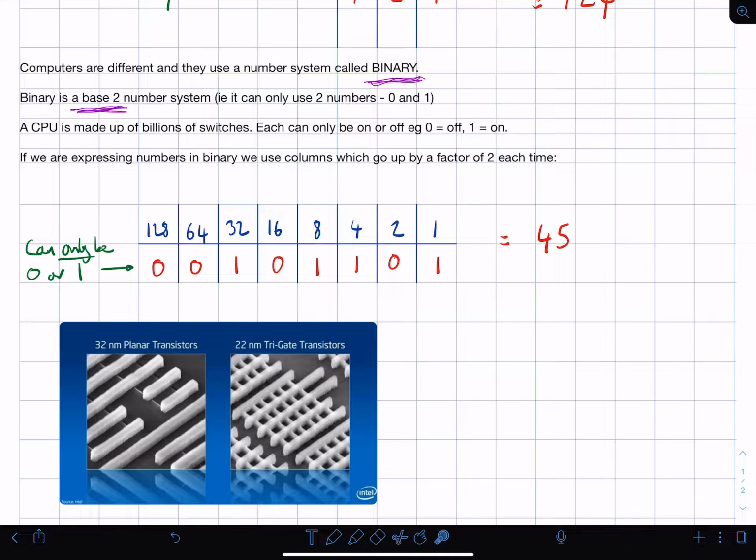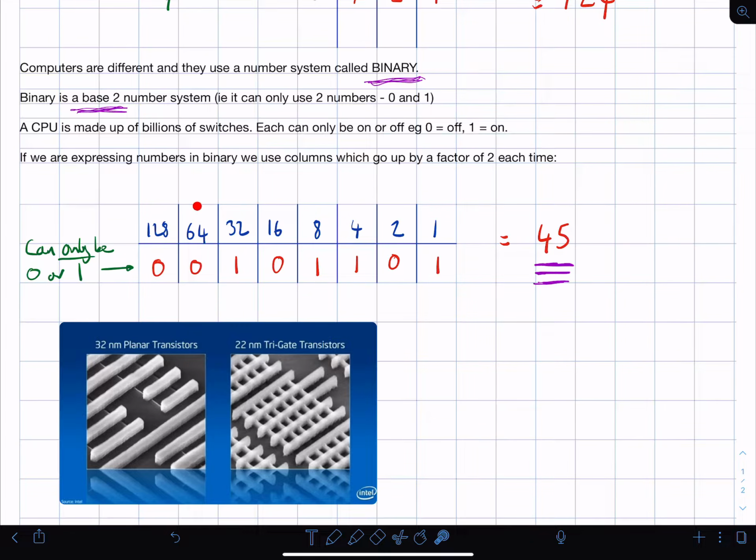Let's say we're looking to convert the denary number 45 into binary. I'm going to start over here at 128 and think, how many 128s go into 45? None, so I put a 0. Then we go to the next column.